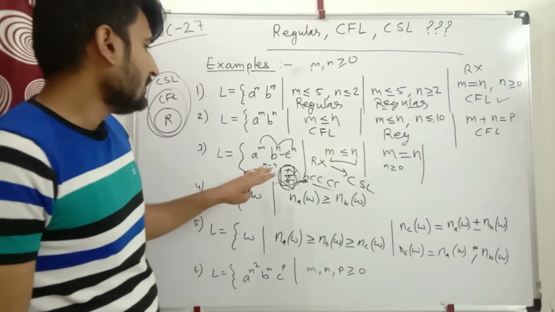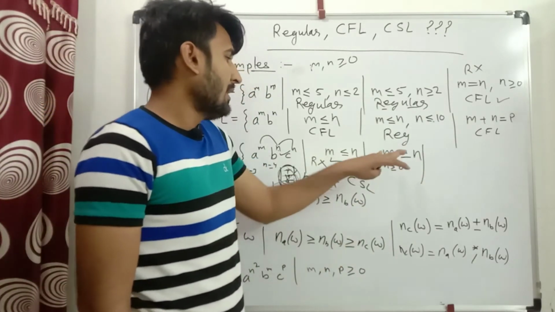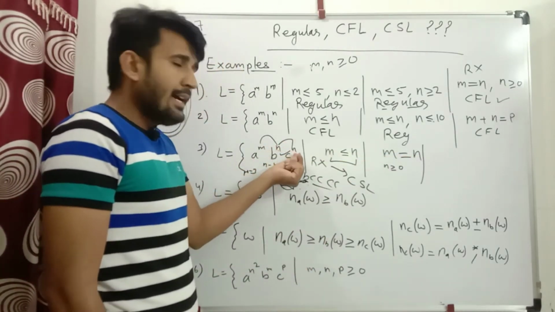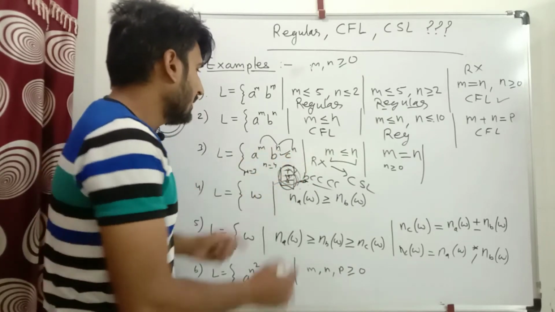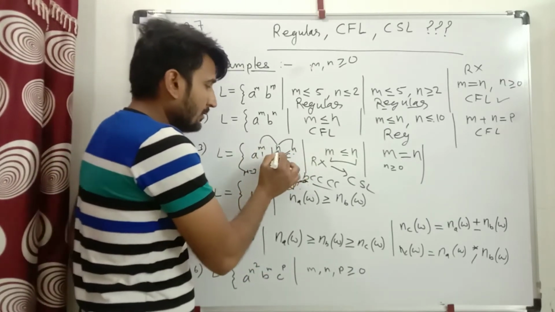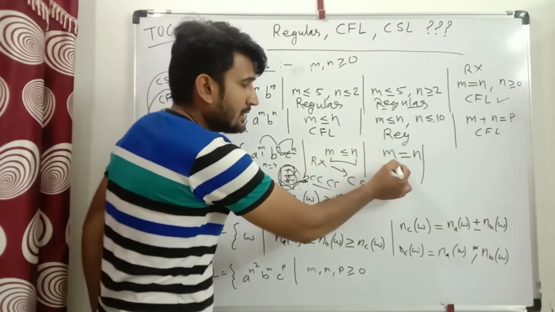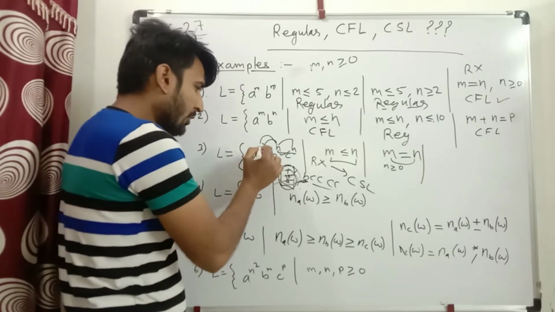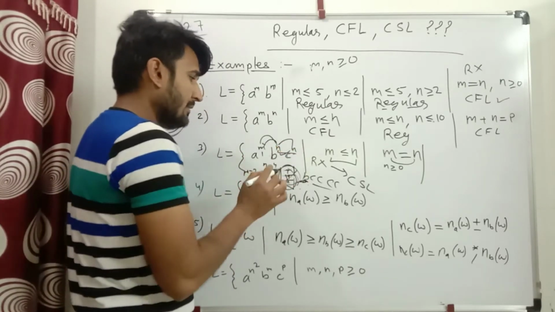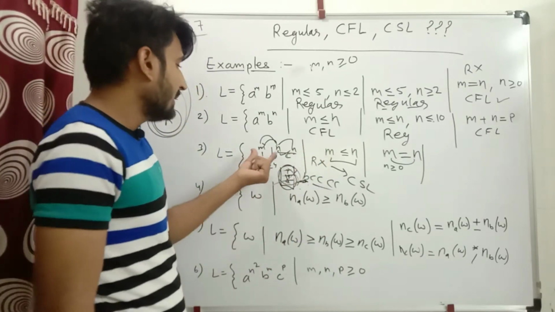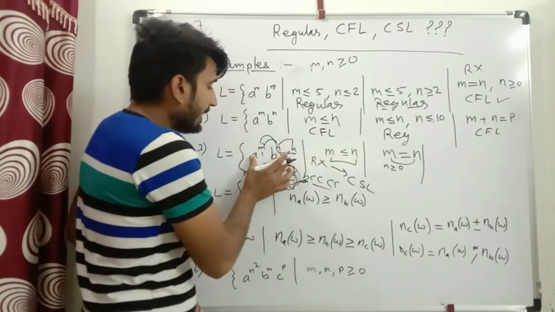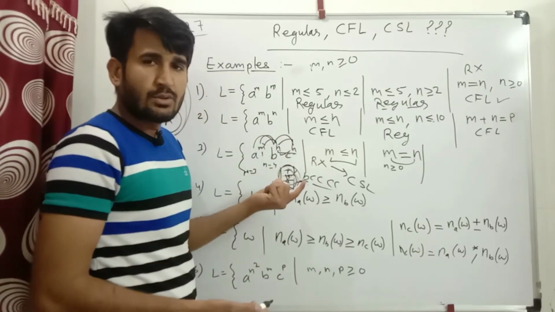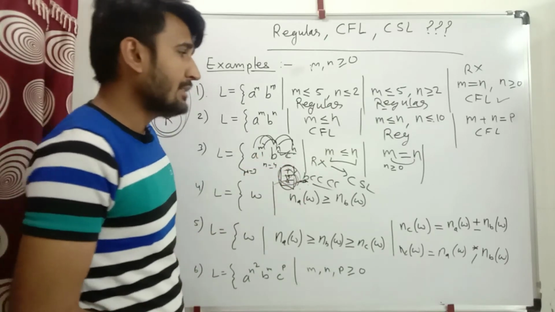Okay, and tell me for m equals to n. Here m and n are both the same, so we can say a power n, b power n, c power n, all three are the same. With two comparisons, this with this and this with this, it is also CSL.